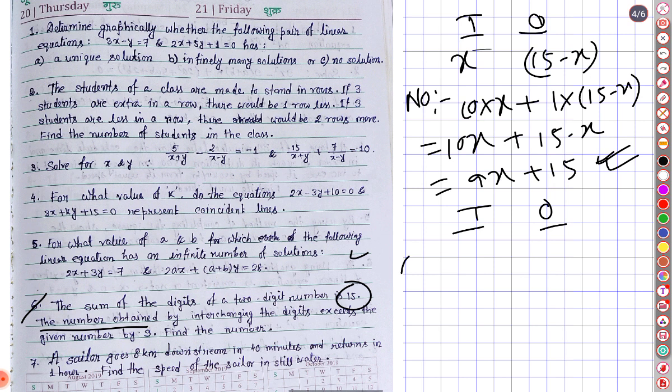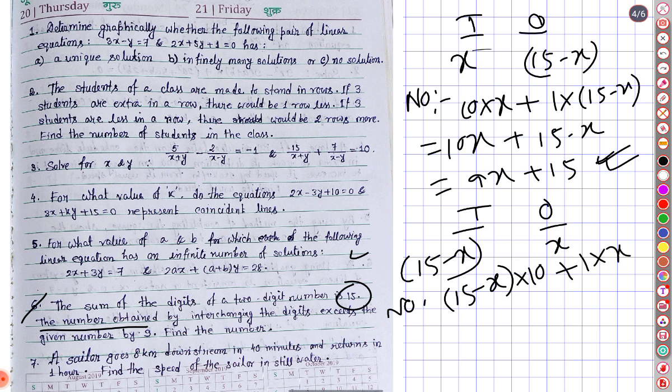So if we exchange the digits, 15 minus x will come in the tens place and x in the ones place. So the new number will be 15 minus x multiplied by 10 plus 1 into x, because now this is in the tens place. So this is 150 minus 10x plus x, so this is 150 minus 9x.